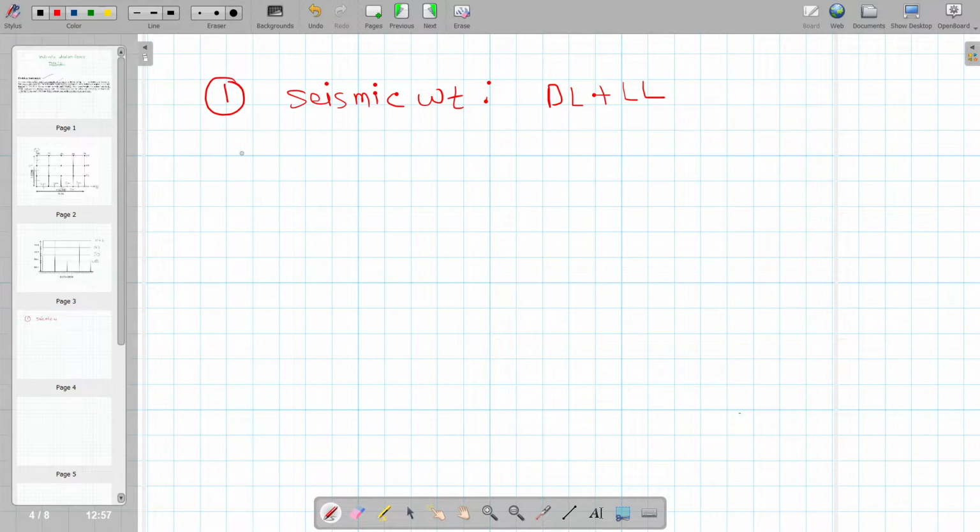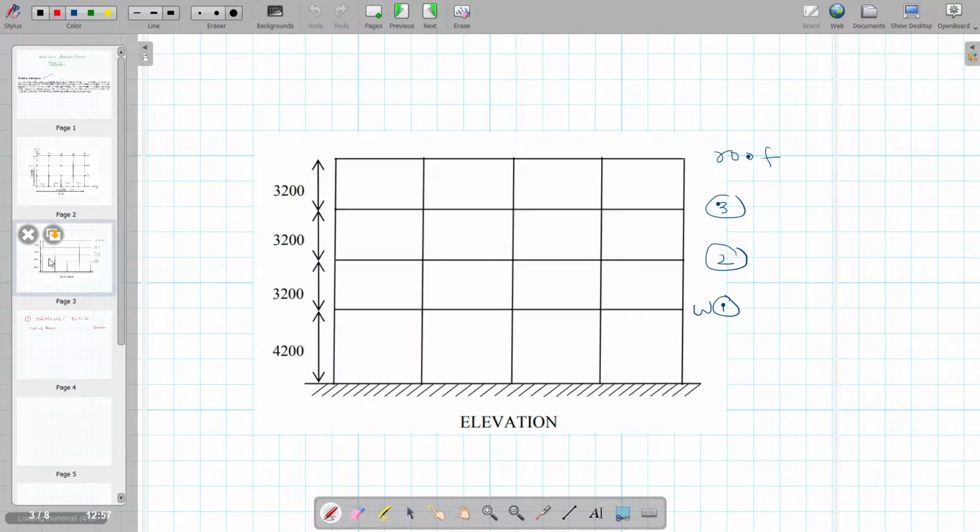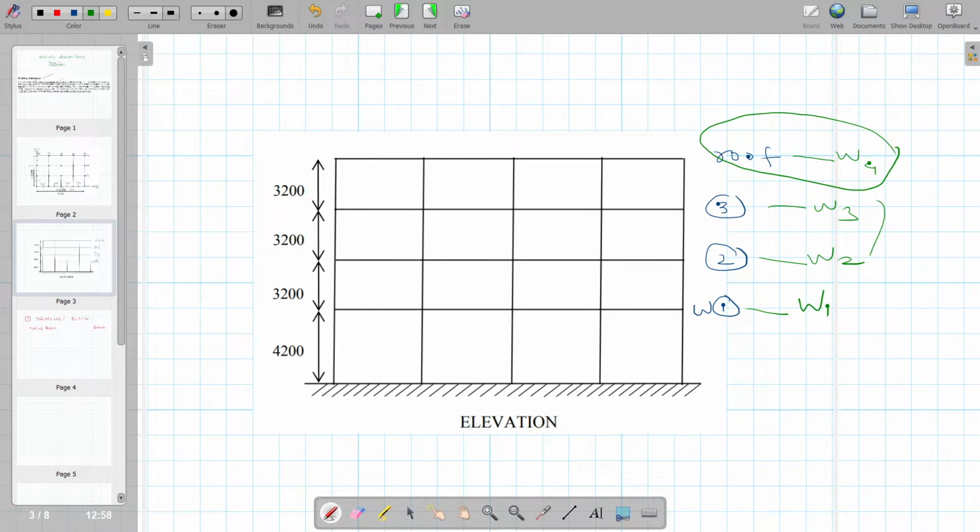We will calculate for a typical floor and for the roof separately. Typical floors are W1, W2 and W3, and W4 is our roof. So we'll calculate W1, 2, 3 and then W4.